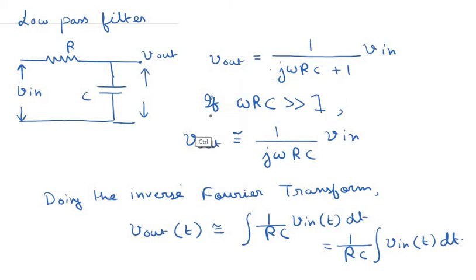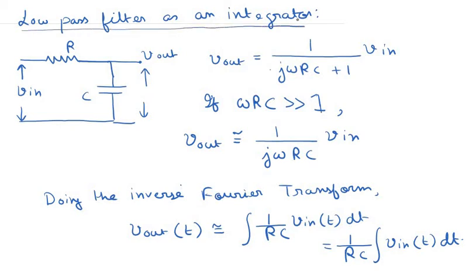Of course, when this condition is met, then the magnitude of the output is really small, but however small the magnitude of the output is, it is proportional to the exact integration of the input signal. So this low pass filter under this condition basically acts as an integrator, and you will see this experiment in your lab when you do the lab classes.